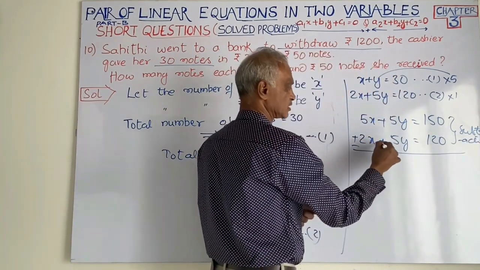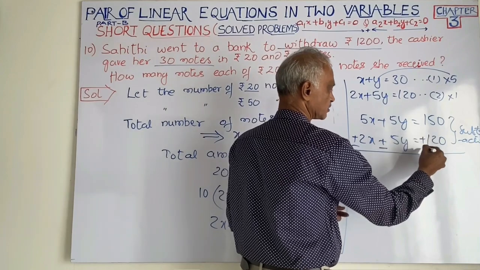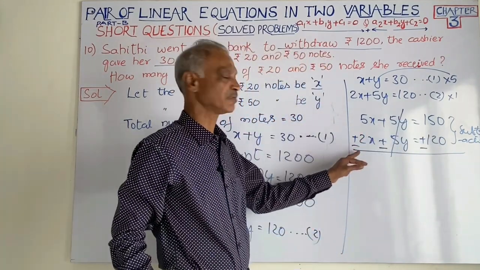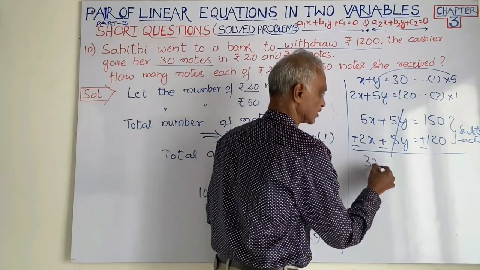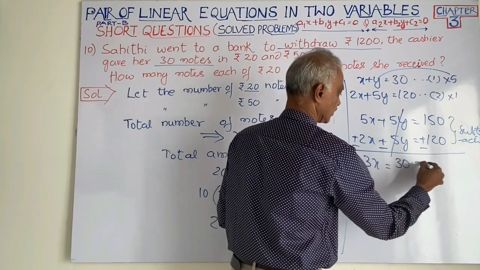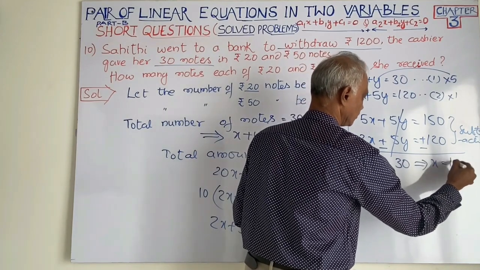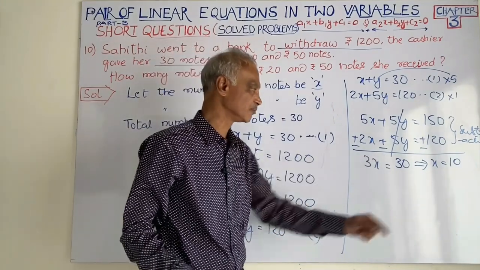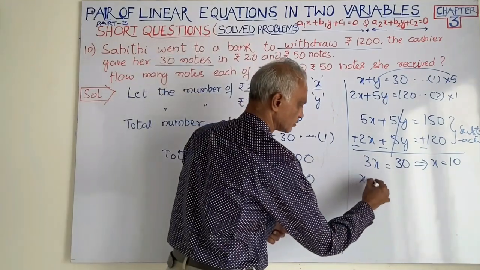Plus becomes minus. 5y minus 5y cancel. 5x minus 2x, 3x is equal to 150 minus 120, which is 30. The value of x will be 30 by 3, that is 10.